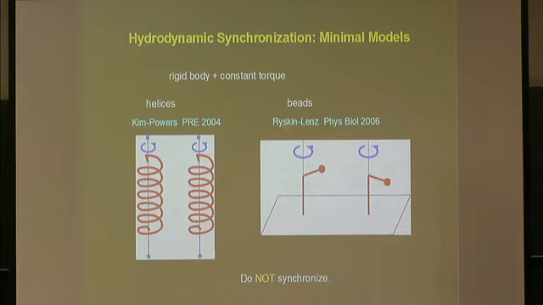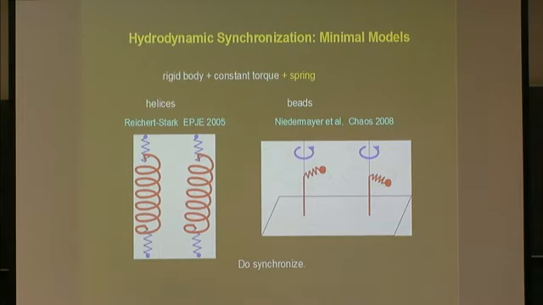But they found that they do not synchronize. So something is lacking. So next, they add some flexible elements, springs, to these rotors for helices and also to the model cilia, and they do synchronize. So what it means is that maybe the flexibility of the flagella or cilia is essential for synchronization.